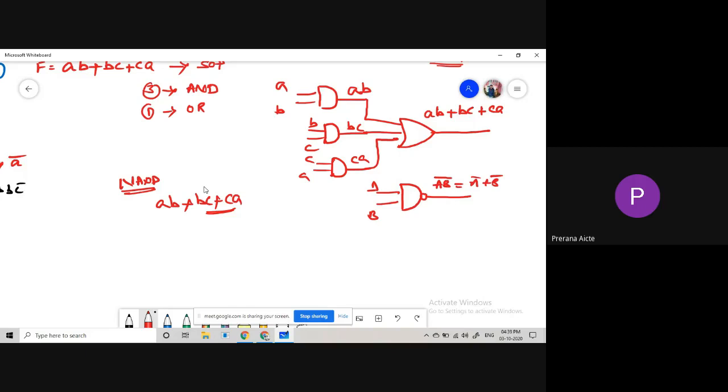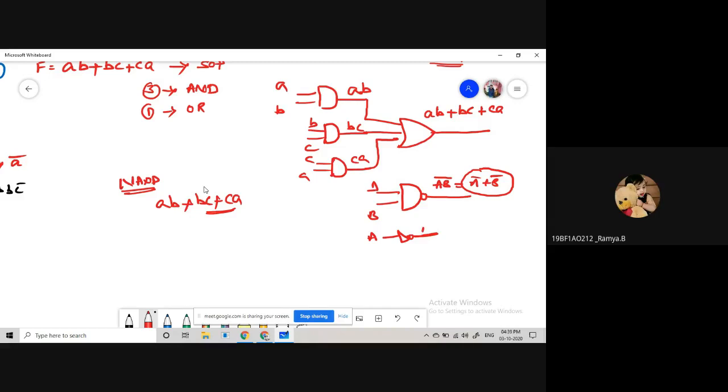To represent this A bar plus B bar, we use another concept, the bubbled OR gate. If I take A and give it to a NOT gate, the output is A bar.